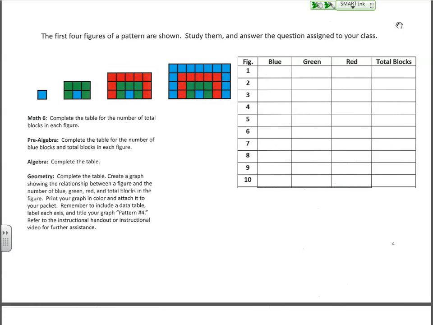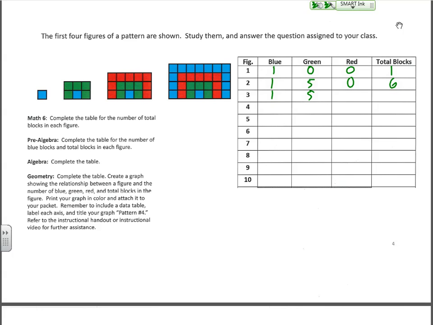And in figure 1, there's 1 blue block, no green, no red, for a total of 1. Figure 2, we still have our same blue block there, and we're adding 5 green ones, no red, total of 6. Figure 3, 1 blue, 5 green.